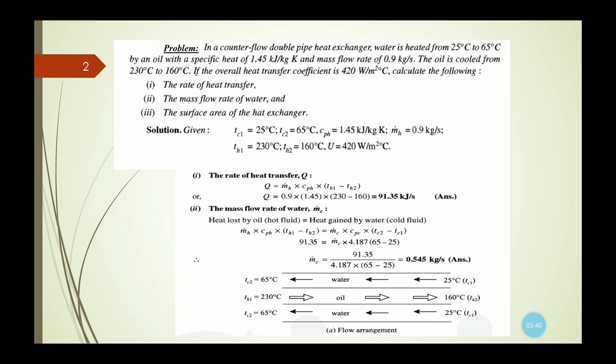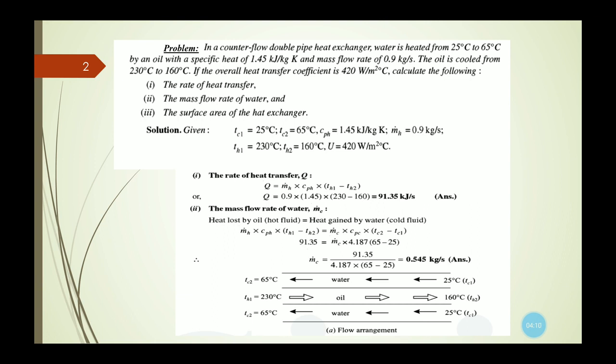Now for the first part of this numerical we need to calculate the rate of heat transfer. So the symbol of this rate of heat transfer is actually Q, and the formula of this heat transfer rate is actually m dot h, that is the mass flow rate of the hot fluid, then Cph, specific heat of the hot fluid, and the temperature difference of the inlet and outlet in case of the hot fluid.